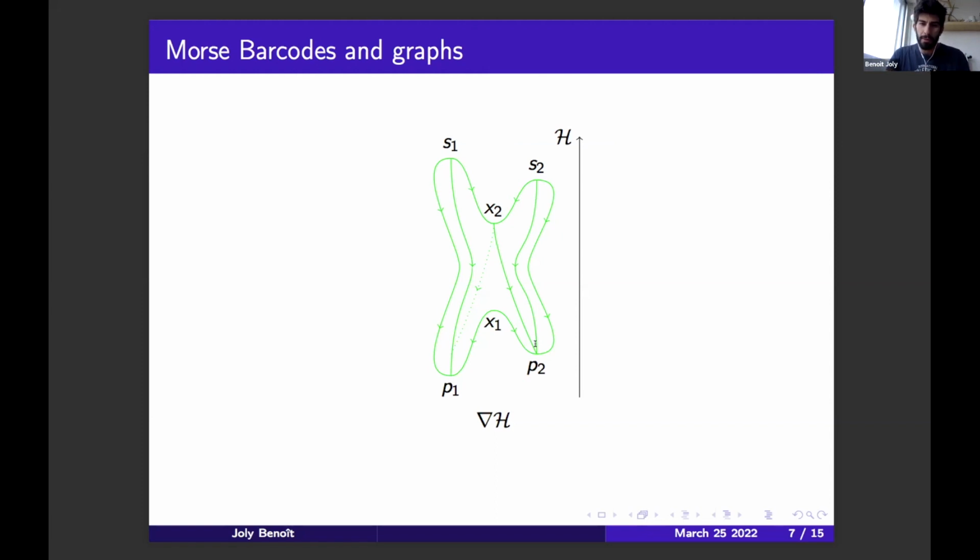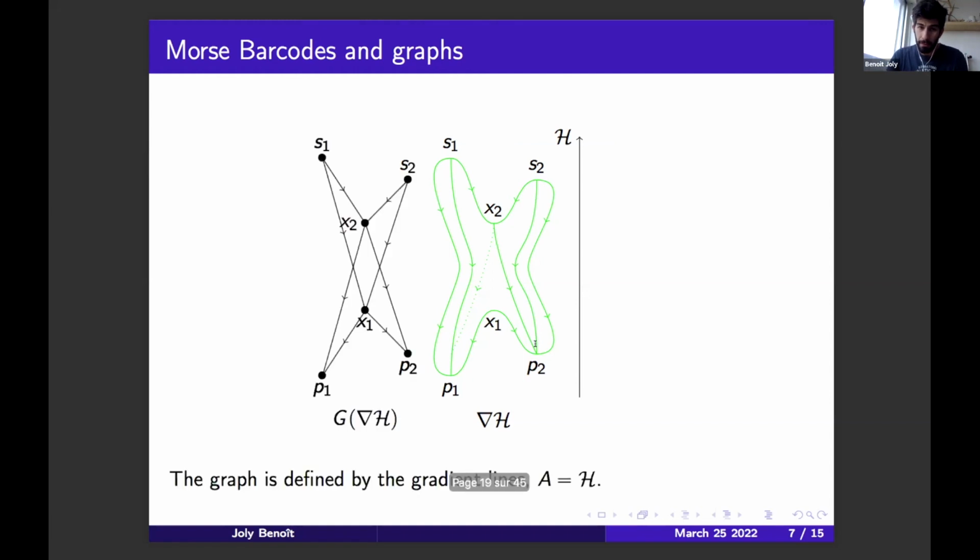And from these gradient lines, we can define naturally a graph on the left part, where the set of vertices of my graph will be the set of critical points of the Morse function. And we can decide to put an edge between two critical points if their difference of index is equal to 1, and if there is a gradient line joining both of them.